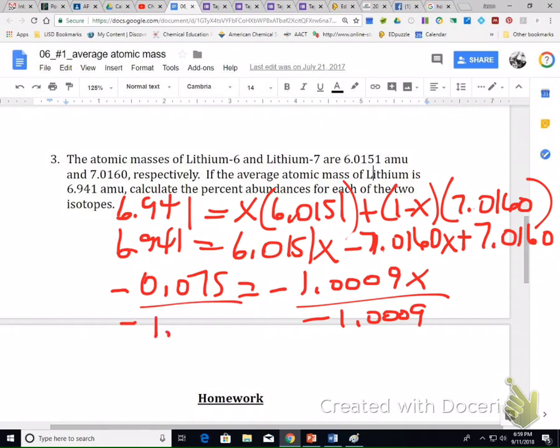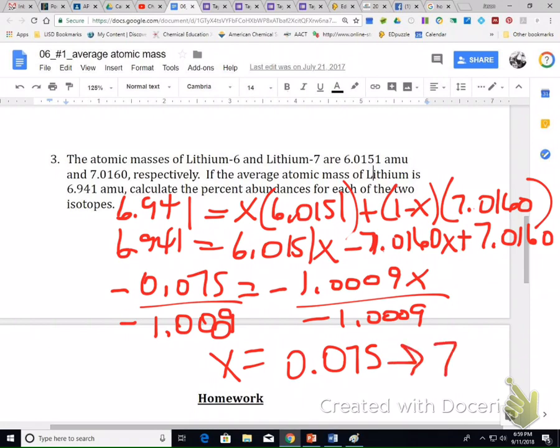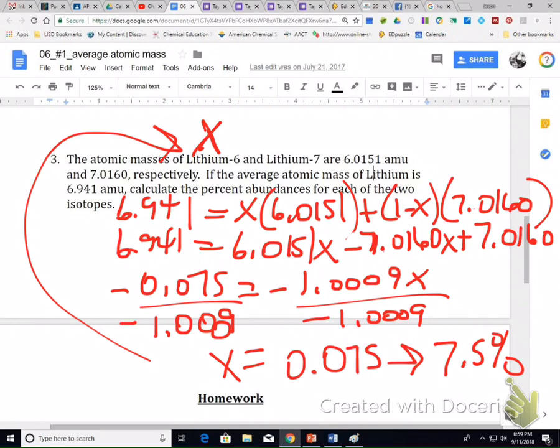Negative 1.009. Oops, left the 0 off. And that gave me X to be equal to 0.075. And if we convert that to a percent, that comes out to be 7.5%. Well, remember what we assigned X to be. We said X was going to be the lithium-6 isotope.